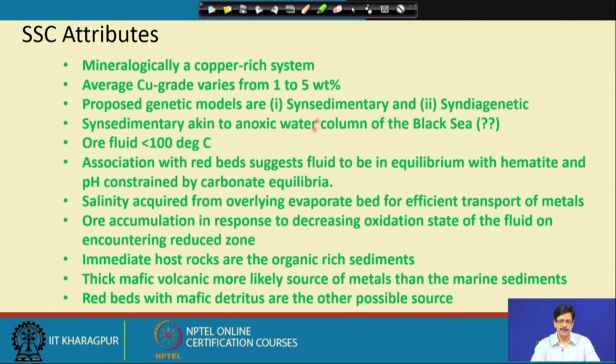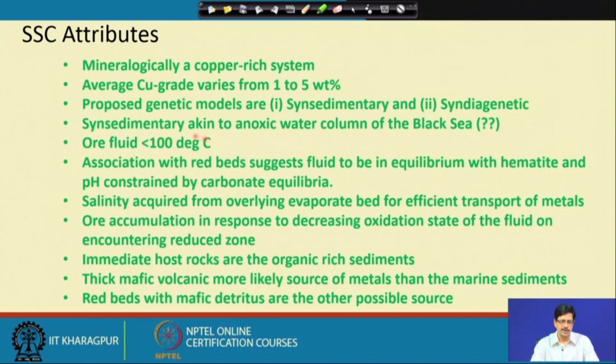So, the syn-sedimentary situation is akin to an anoxic water column prevailing in the Black Sea, because the situation could be compared to a stratified Black Sea, where the lowermost part is very reducing, an environment in which metal sulfides can precipitate as layers.